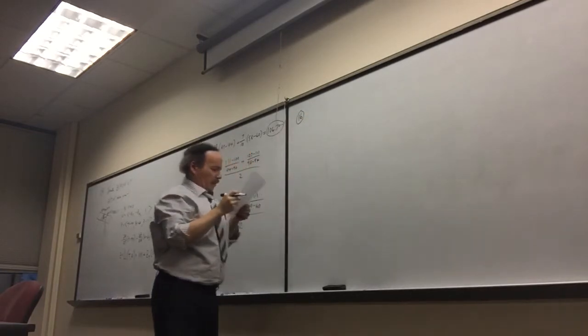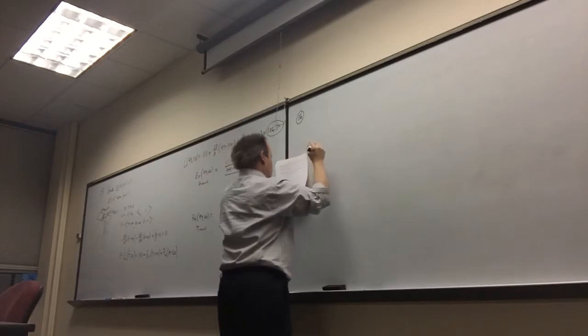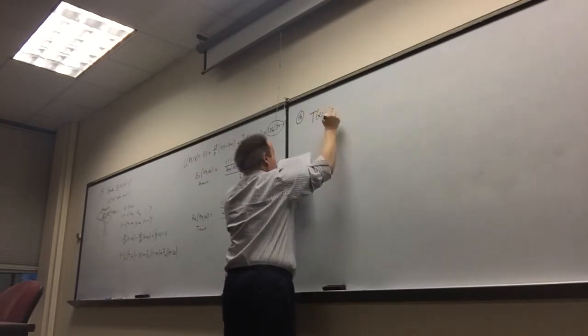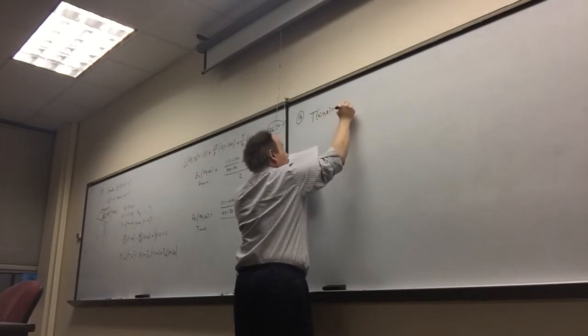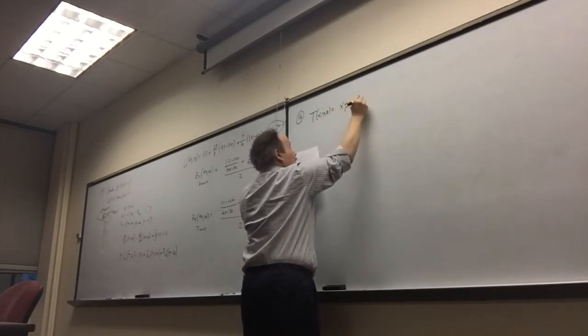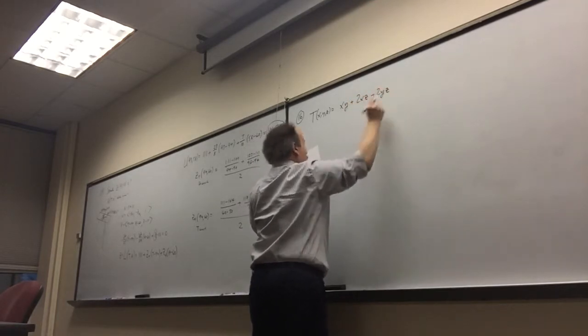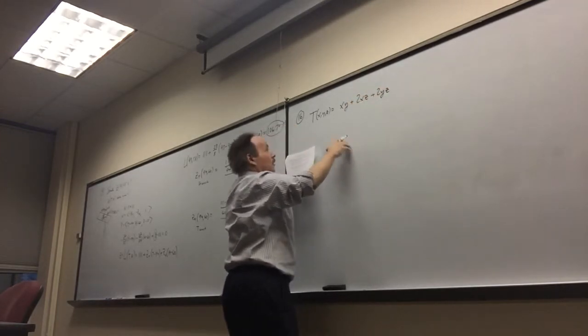Let's look at this. It says the temperature in an enclosed chamber is given by, where X, Y, and Z are all positive.